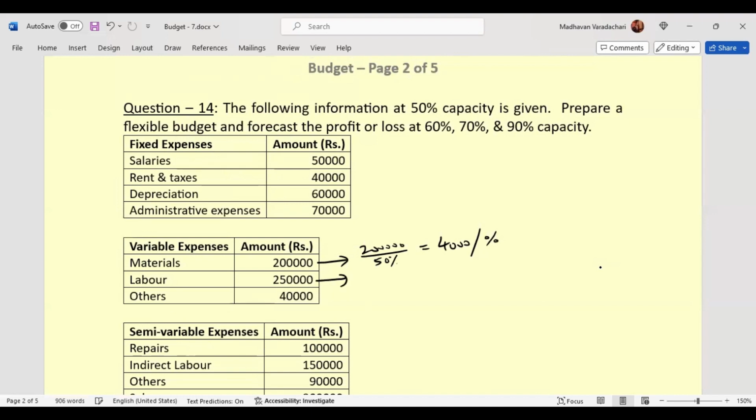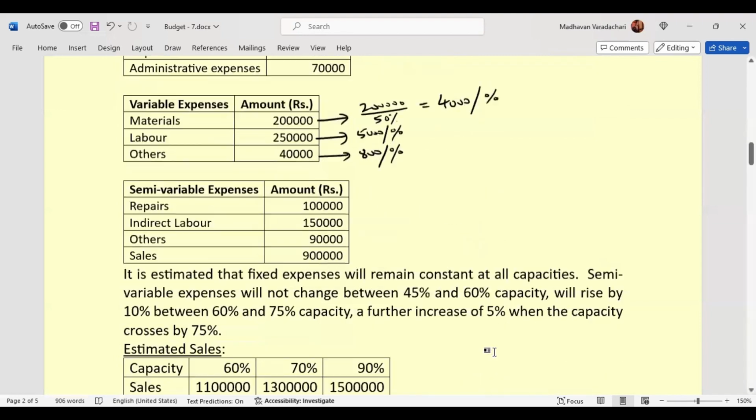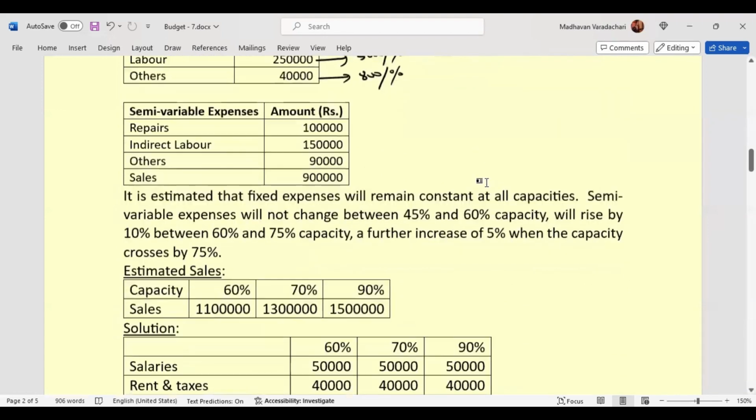Similarly, if you look into the labor, it is 2,50,000, which means it is 5,000 per percentage. Others, 40,000 divided by 50%, so it becomes 800 per percentage.